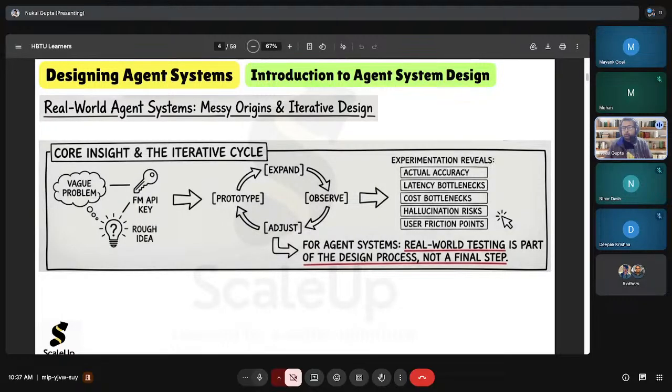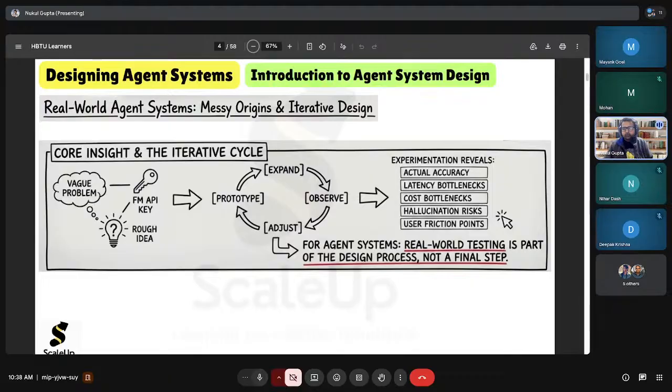We will get to know latency and cost bottlenecks. Cost bottleneck is a very critical issue, because if we are using a good foundation model, we are consuming tokens. So cost plays a very big role. There was a saying that by 2027, most agentic AI applications will not be able to survive because of the running cost.